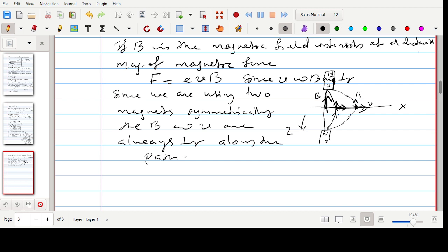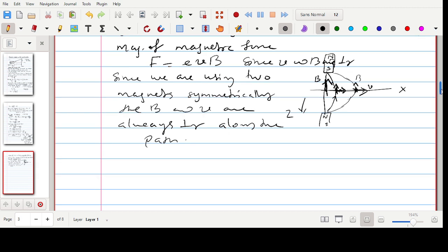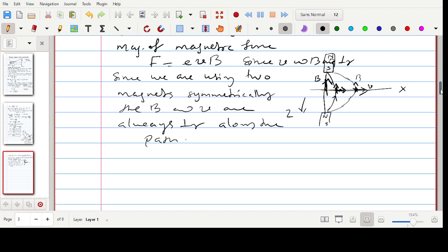Since V and B are perpendicular, there is no harm in taking the magnitude of the magnetic force as evB. Otherwise, you need to take ev cross B. So the magnetic force is evB.